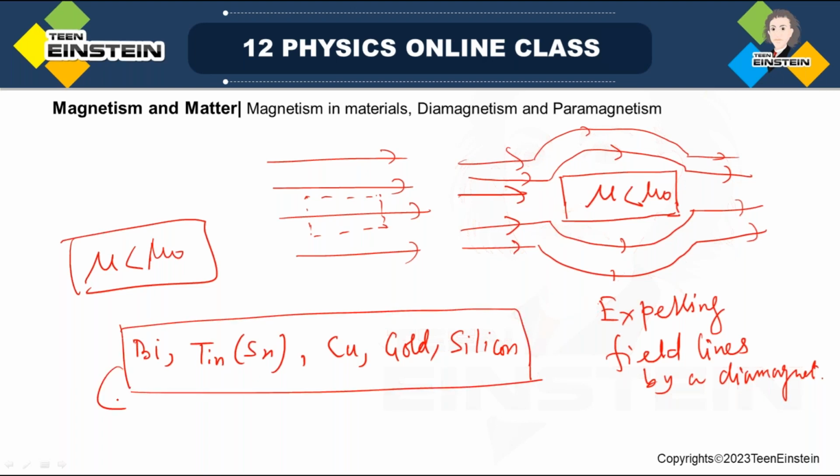These are important. Sometimes some material may be given, and you'll be asked to identify which category it comes into. So these are examples of diamagnetic material.